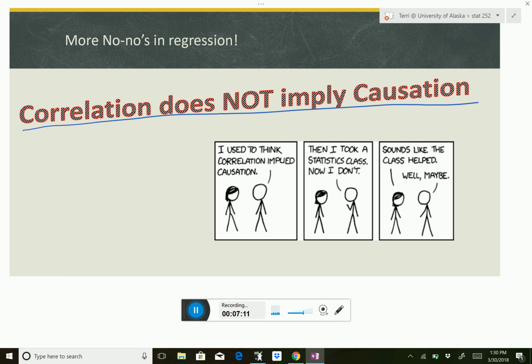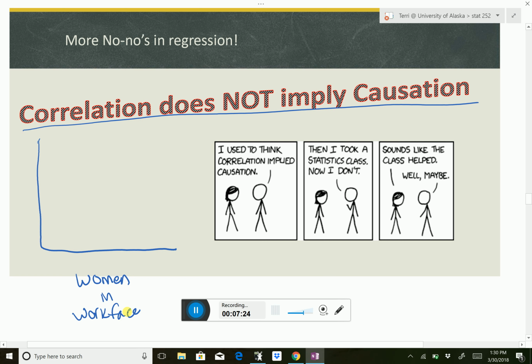have a correlation. One of the most famous examples is if you have the women in the workforce as your X, workforce, and you have as your Y, we're going to have the divorce rate.